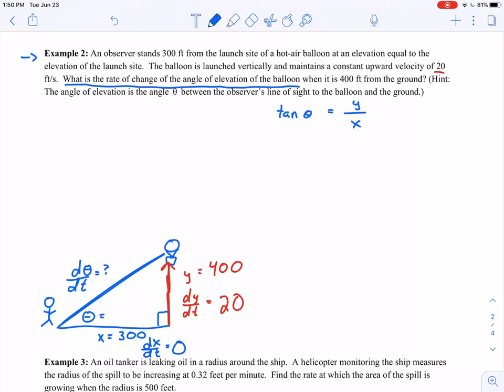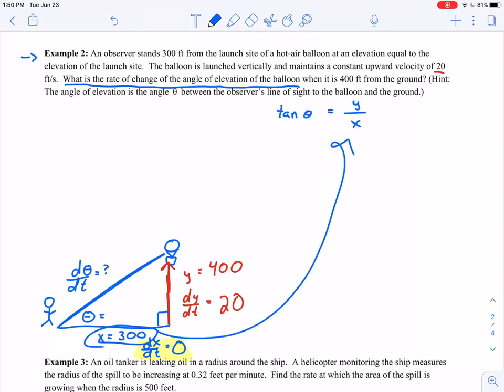I'm going to look back at my picture over here. And in particular, I'm going to draw my attention to this piece right here, dx dt. If you have a side that is not changing, so in this case, dx over dt is equal to 0, what I can do is take that side length and plug it into my equation before I take the derivative.